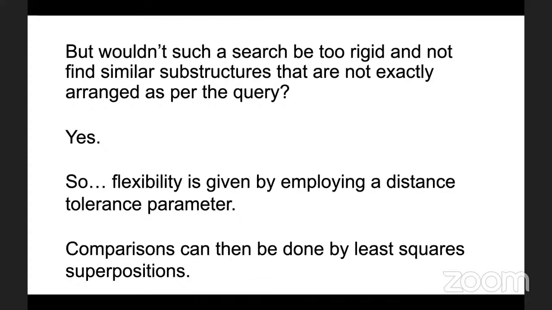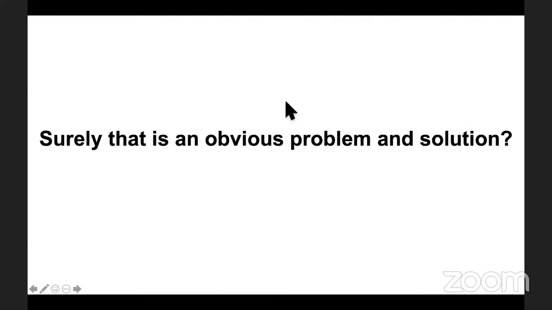So instead of just 3.6, you can say a distance tolerance of 1.5 angstrom. So it can move up and down 1.5 angstroms. And then once we have found the correct similar matrices, we can then compare how they overlap using least squares superpositions.